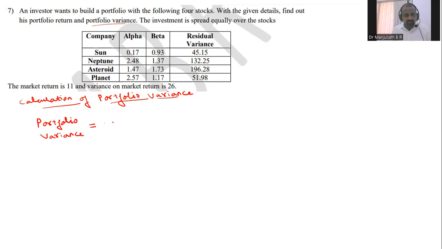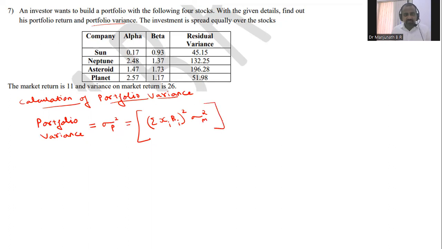Now, I'm just mentioning here portfolio variance. This is equal to, let's take down the formula. The summation of xi and then beta i, within the brackets, whole square, multiplied with market variance.